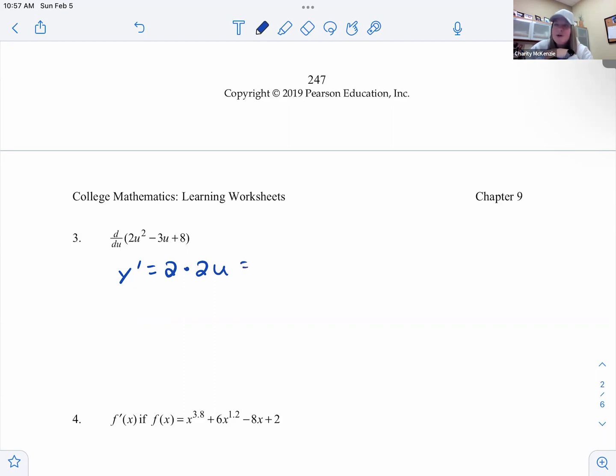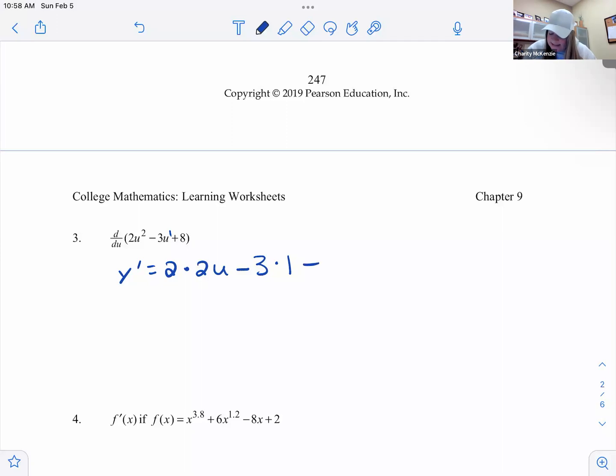Then the second term, what happens if you have a 1 and you minus 1? You get a 0. So the second term, oops, I put an equal instead of a minus. The second term is going to be minus 3 times 1 because anything to the 0 power is 1. So basically, if you just have an x or a u, it goes away, which is super handy, and we just have the number in front.